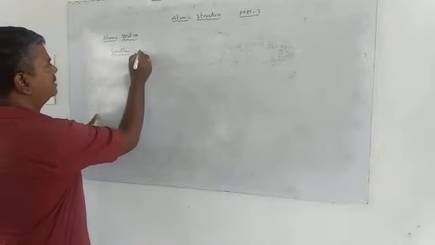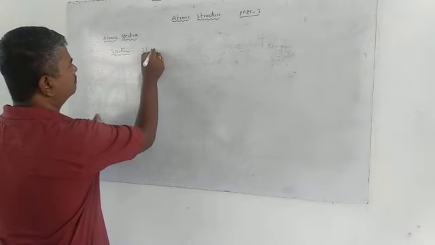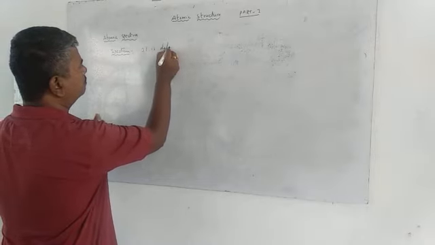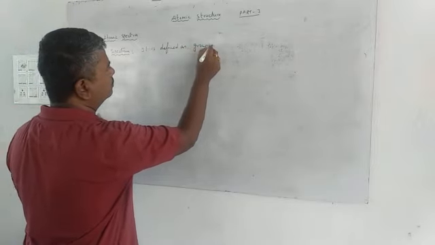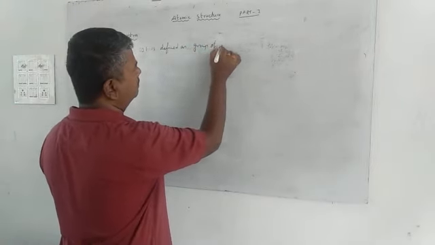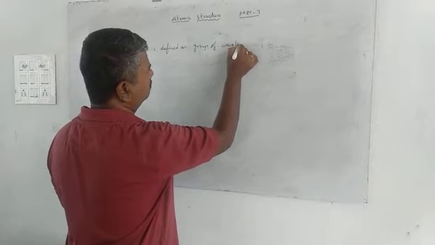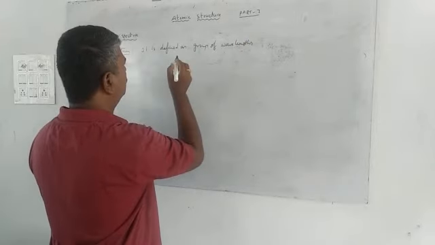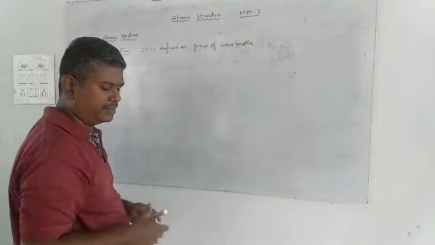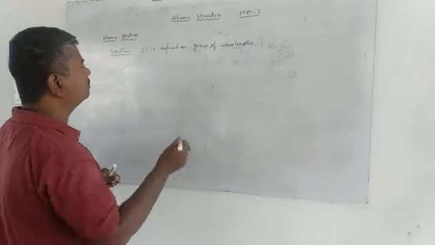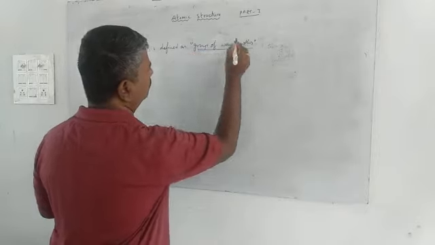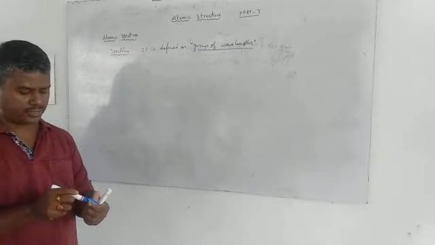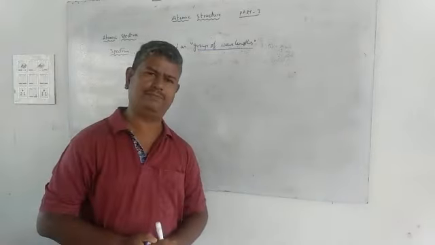Spectrum is defined as a group of wavelengths. A group of wavelengths is called a spectrum.